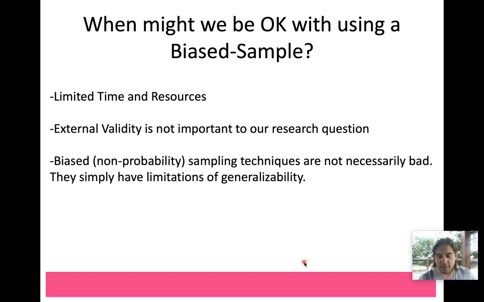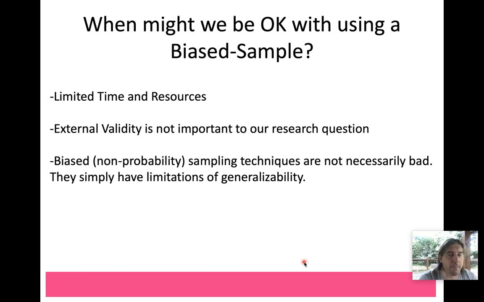That's it, right? That's who I care about the data from. I don't care about applying this equally to everyone else. So external validity is not important to my research question. Having a perfectly proportional representative sample doesn't matter to me because that's not the point. And so you might be okay with using a particular biased sample.